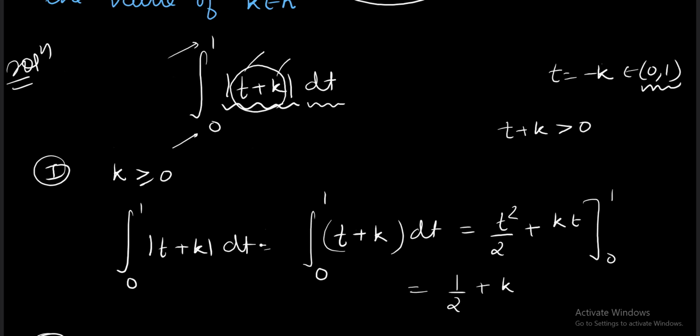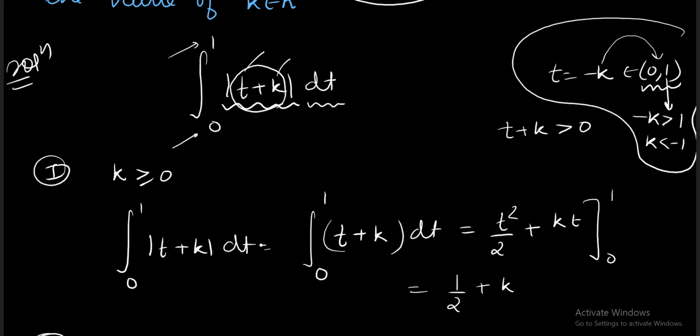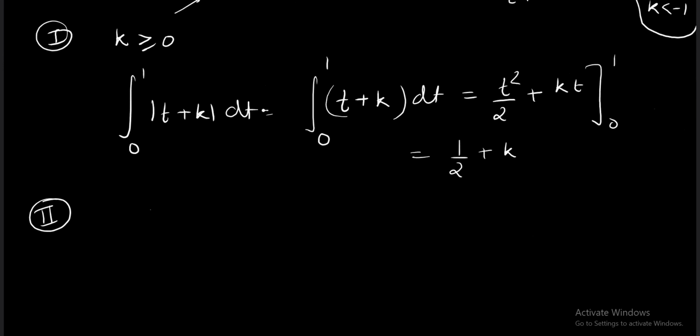So basically the critical point is lying outside the interval, means either k has to be positive, which case we have already taken. So the second case which I'm taking is minus k greater than 1, implies k less than minus 1. ये सब हमने यहाँ पे रफ में चेक किया. And then I'm taking the second case, कि अभी second case में मैं k को less than minus 1 ले लेती हूँ. This is the second case we are going to talk about. आप equality भी ले सकते हो यहाँ पे, not an issue.